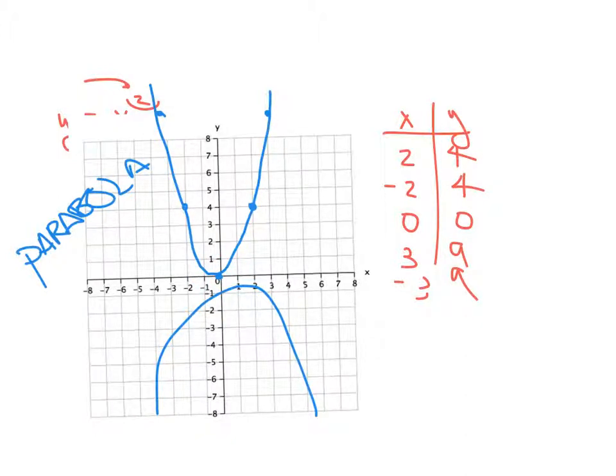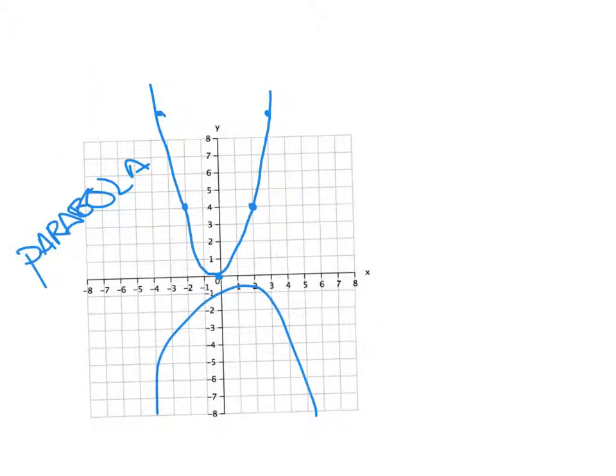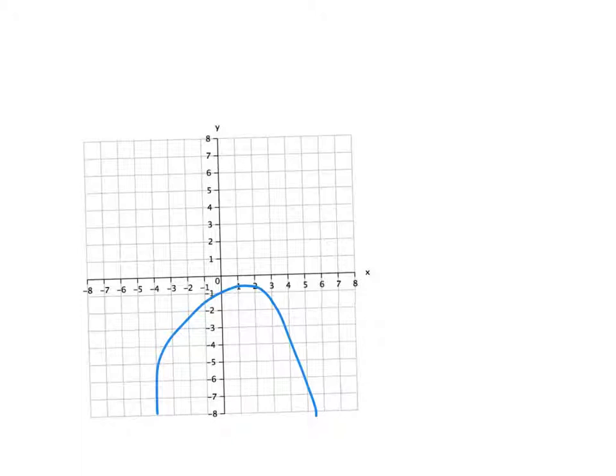Okay, so that's what happens when, on your variable, instead of having a 1 there, you have a 2, and it's squared. An equation in that form with a 2 on your variable gives you a parabola.